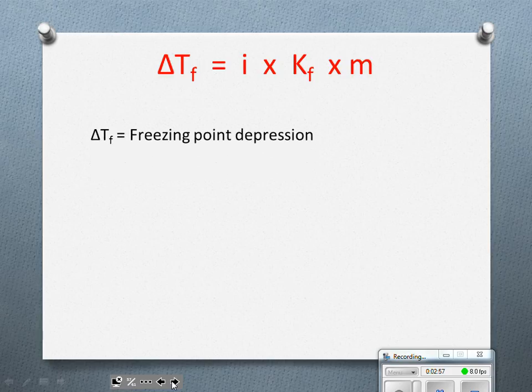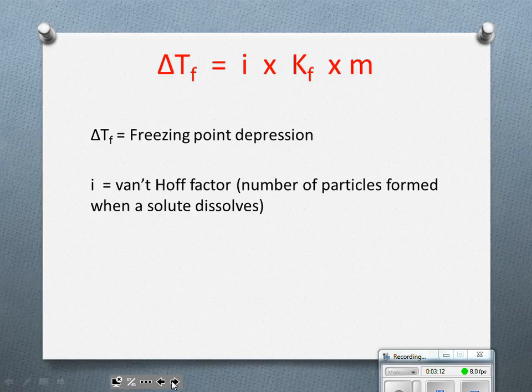Delta T sub F is the freezing point depression. i is Van't Hoff's factor. With Van't Hoff's factor, it is the number of particles that are formed when a solute dissolves.